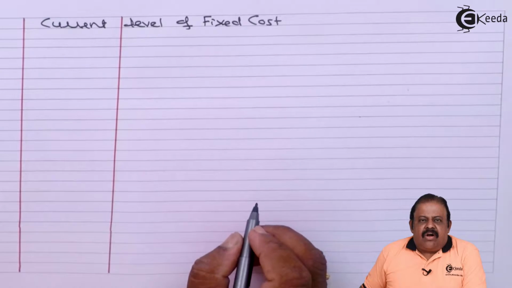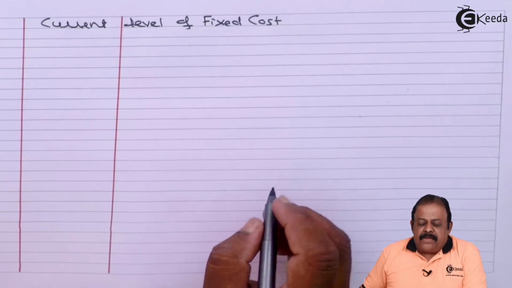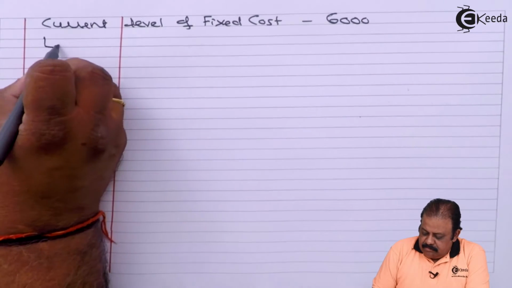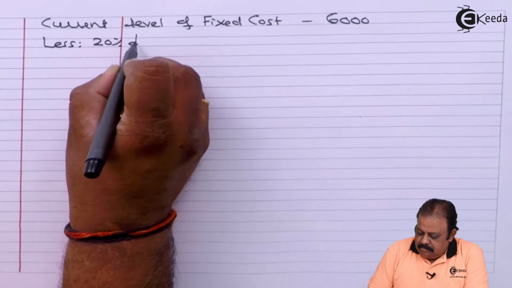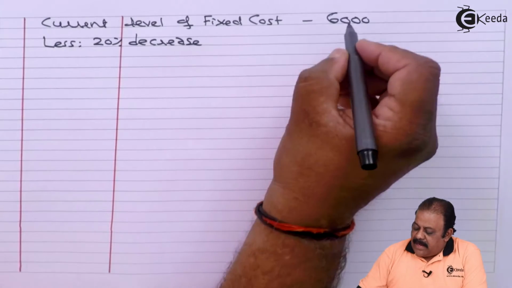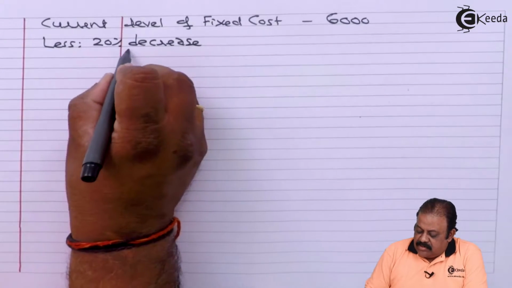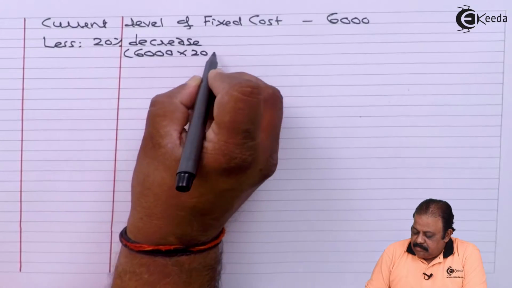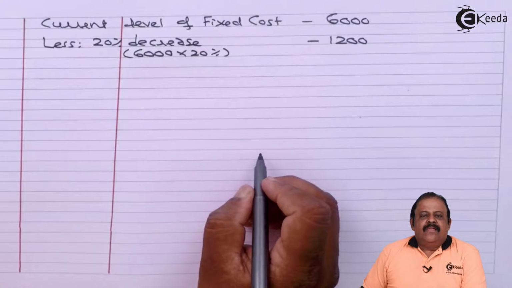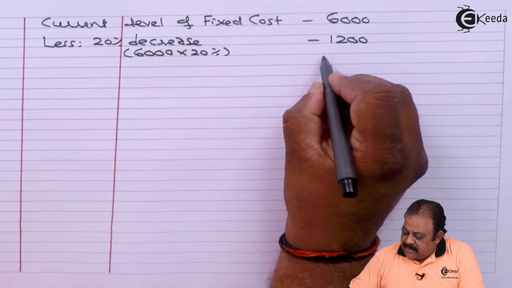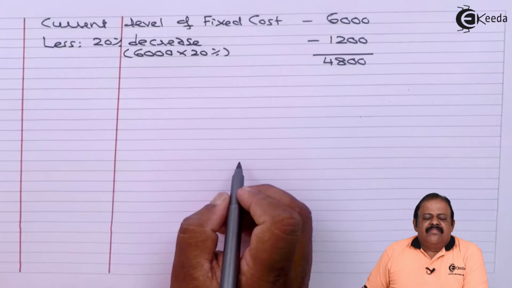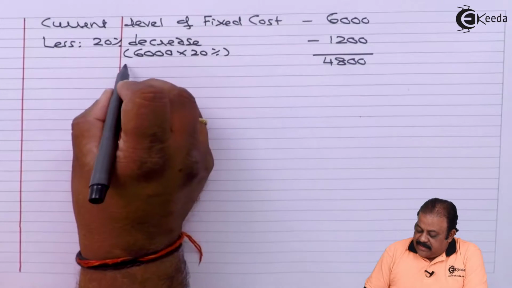Current level of fixed cost is given in the question, rupees 6,000. Less 20% decrease. So we'll be calculating 20% of 6,000, which is 1,200. So we'll be deducting that. So revised fixed cost is 4,800.